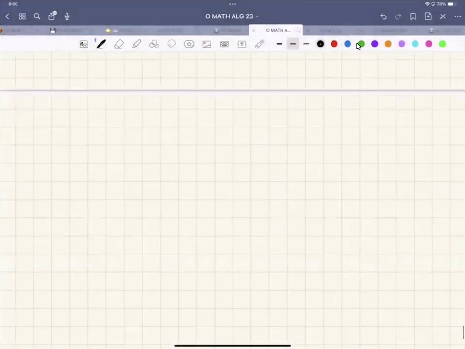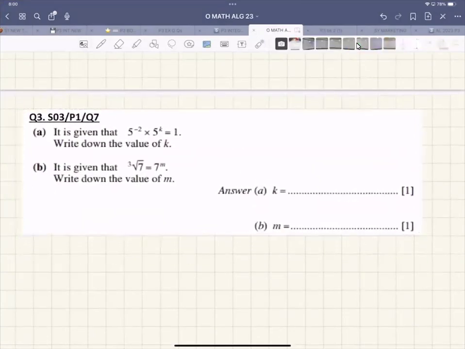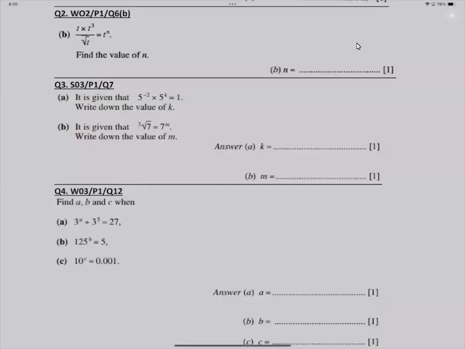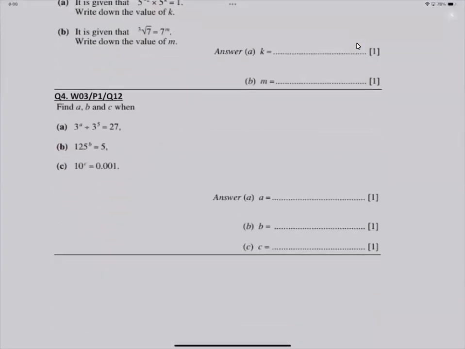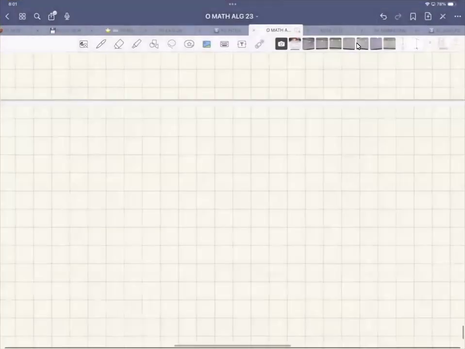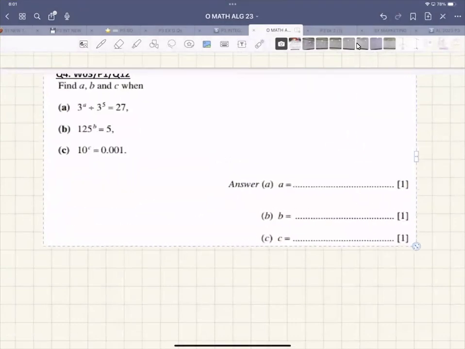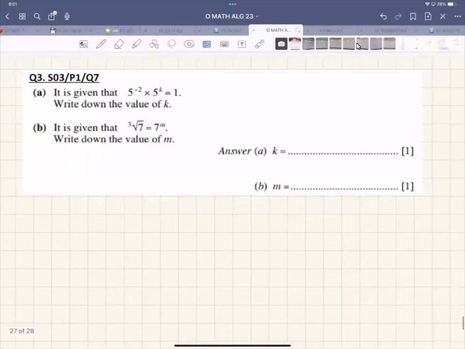So let me just put it over here, and let me also add another page, that is this one. So now over here, okay, now let's continue with this.